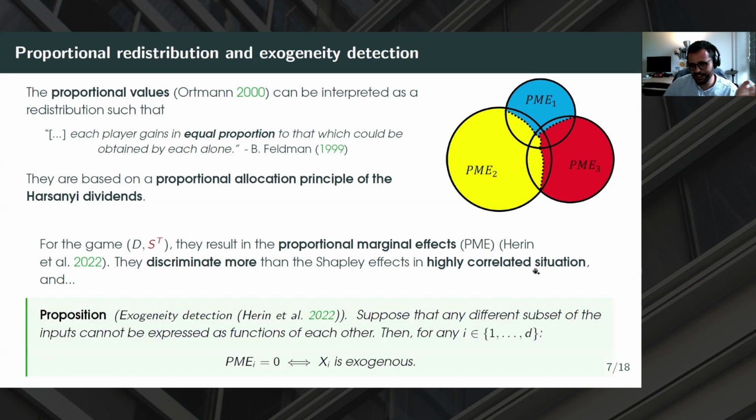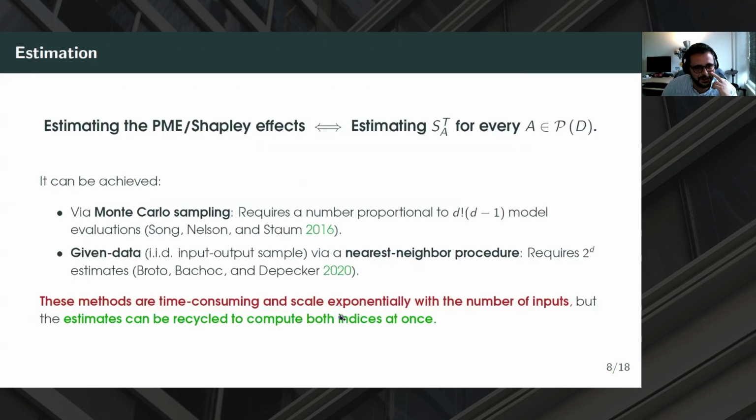And there's a nifty little proposition that says that if we suppose that we cannot express the inputs as functions of each other, so it's like multicollinearity but non-linear, then a PME equal to 0 is equivalent to a variable being exogenous. So we solve the problem of detecting exogenous inputs.